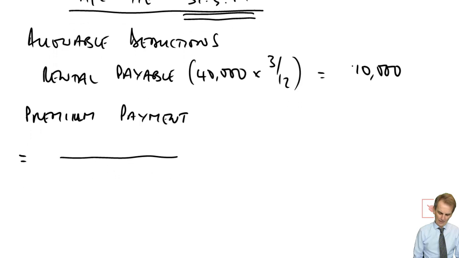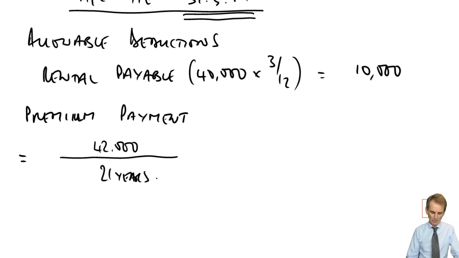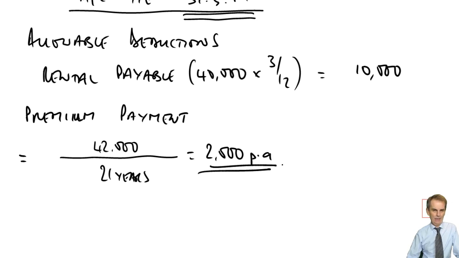So 42,000, the property income assessment on the lessor, on the landlord, divide by the number of years of the lease. Now you see why I use these strange numbers, because 42,000 divided by 21 years is £2,000 per annum.